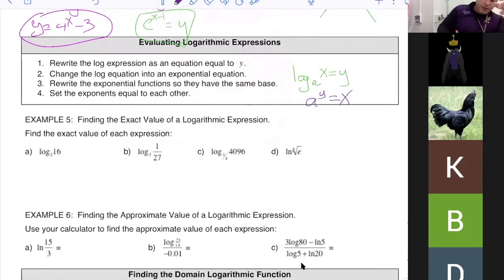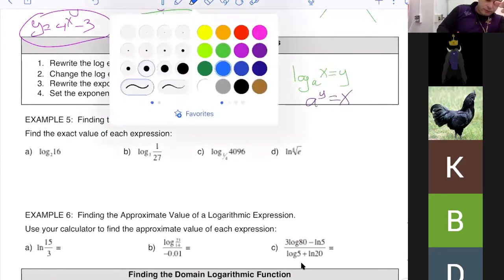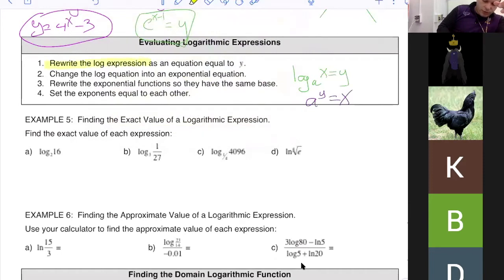So our first step is to rewrite the log expression as an equation equal to y. So set it equal to y. The reason we do this is because we're trying to answer the question of what do I raise 2 to get 16?